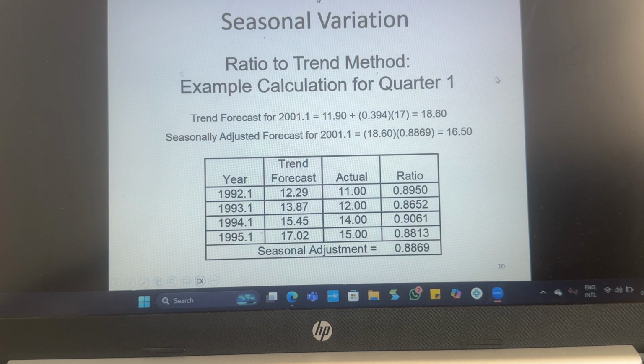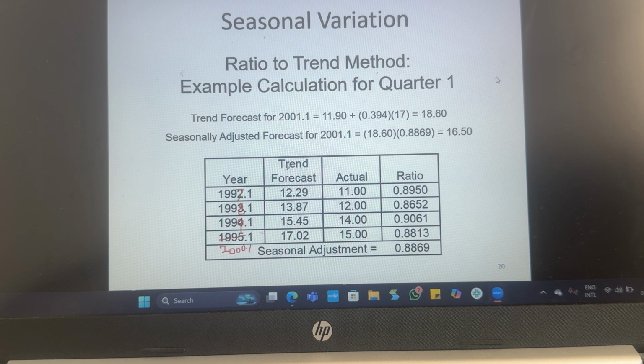Okay, so let's go to my calculation. This is actually a little mistake that you have to correct. This is 1997, this one 1998, so typing error, this is 1999, this is 2000 first quarter, sorry, and 2001.